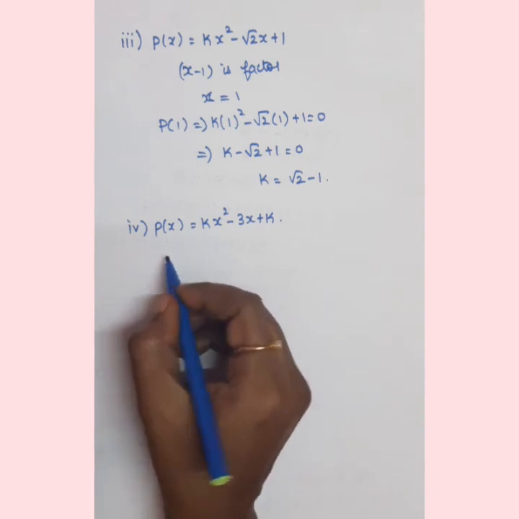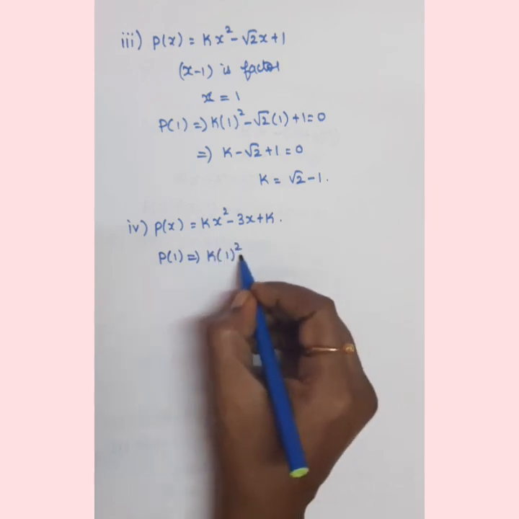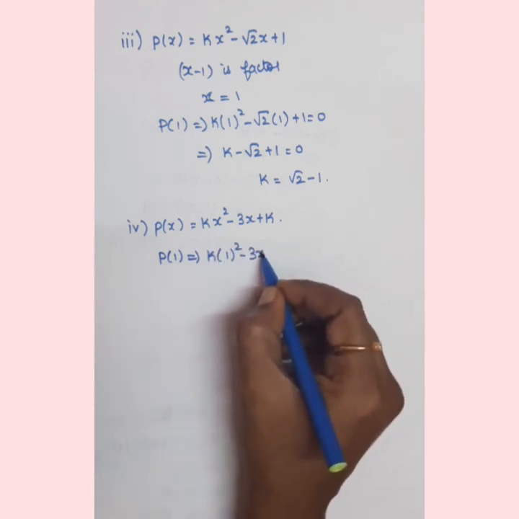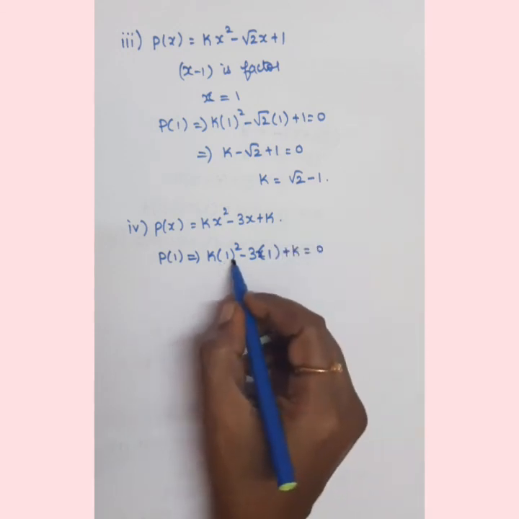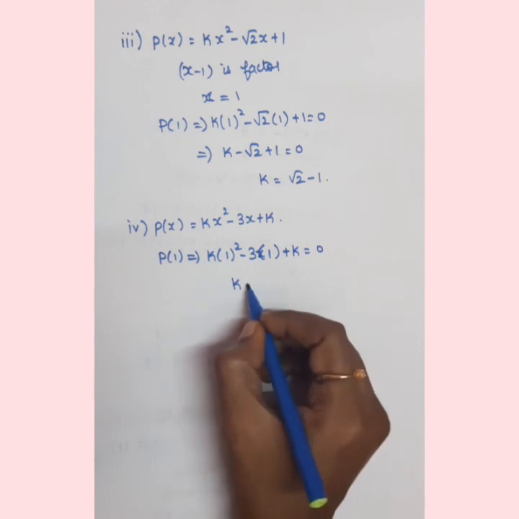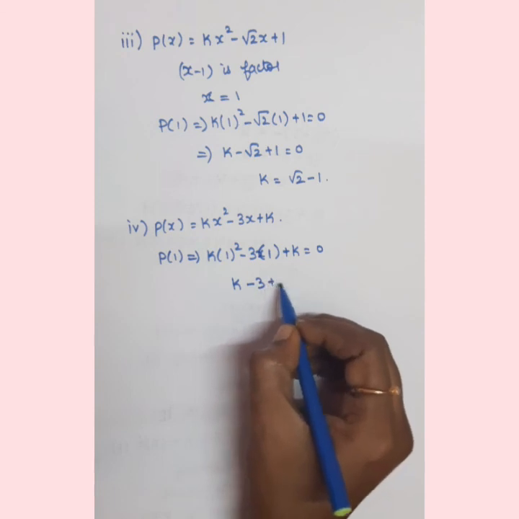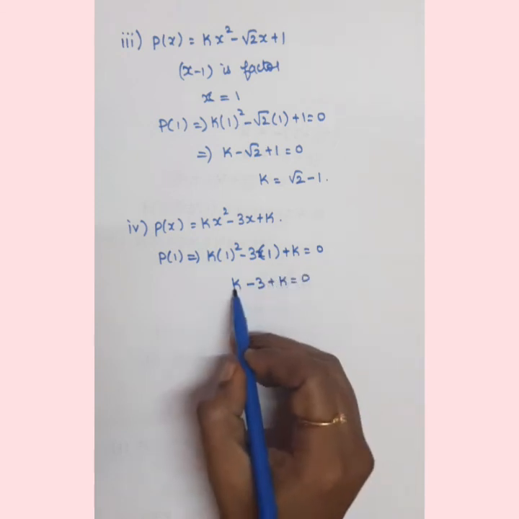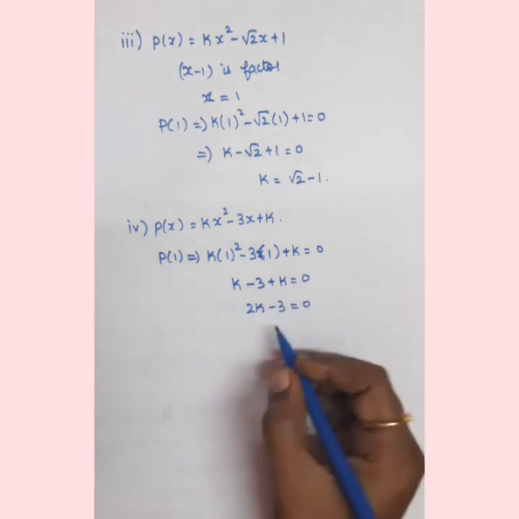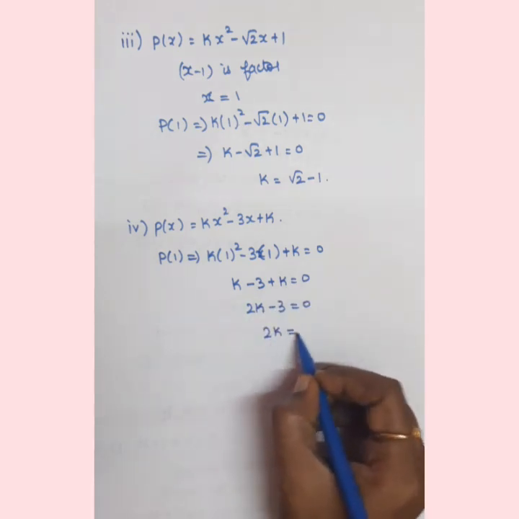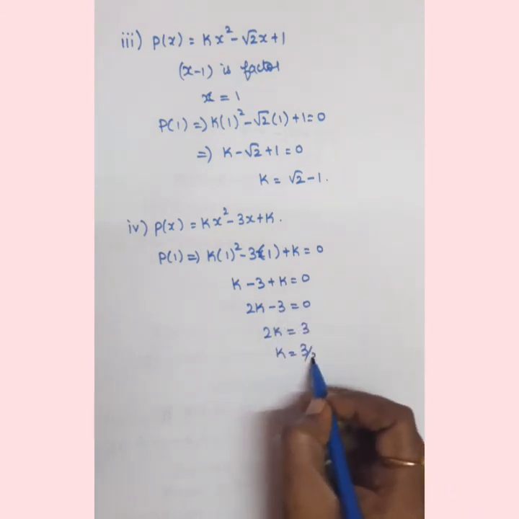Substituting p of 1, we get k into 1 squared minus 3 into 1 plus k equals 0. k into 1 squared is k, minus 3, plus k equals 0. k plus k is 2k, minus 3 equals 0. Keeping 2k this side and transposing minus 3 to the other side, you get 3. k is equal to 3 by 2.